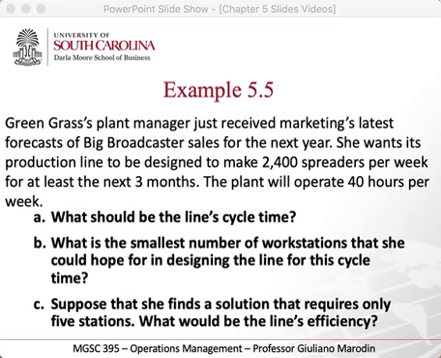So now let's take a look at a problem. We received the same problem, but with the latest forecast, and they want to design the line for 2,400 spreaders per week. They will operate 40 hours per week, so they want to know what the cycle time is. The cycle time will be the pace of the whole process, right?